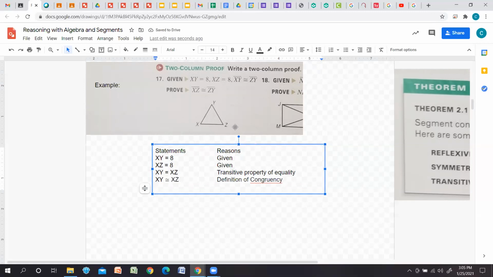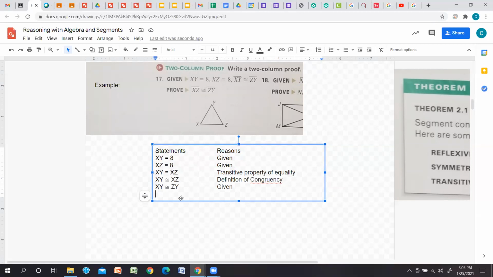Then I notice XY and ZY, we're also told those are congruent. So I'm going to put that down. I'm going to copy this here and just rewrite the part that changes. XY and ZY are also congruent, and that's a given statement. Because they're congruent to the same segment, that must mean they're congruent to each other, and that's what we're trying to prove.